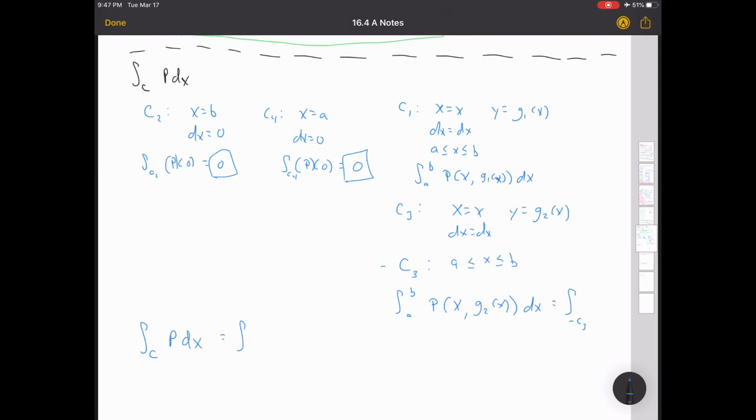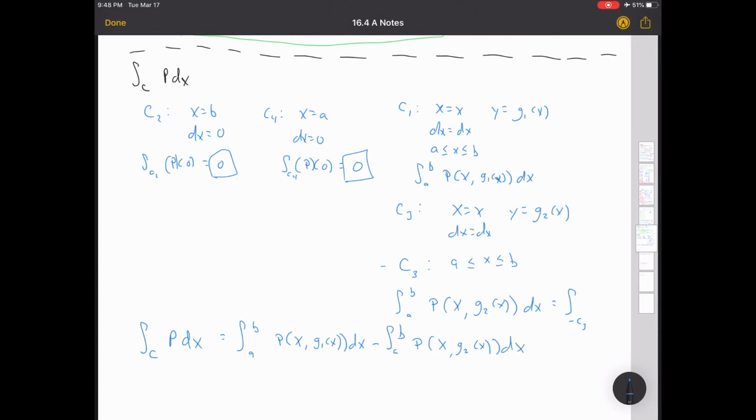It is going to be the integral from a to b of P of x, g1 of x, dx, minus the integral from a to b, because I'm really adding this negative, of P of x, g2 of x, dx.